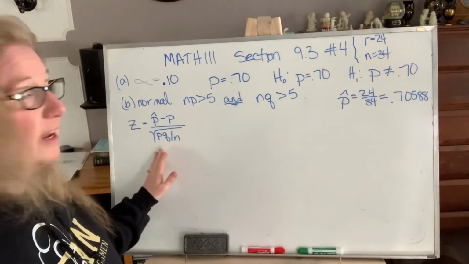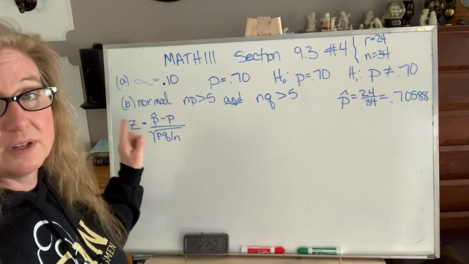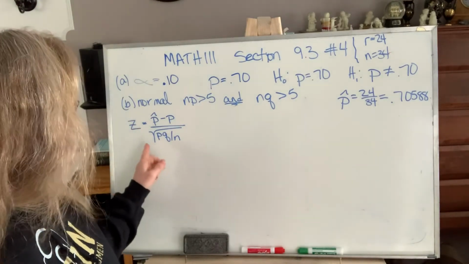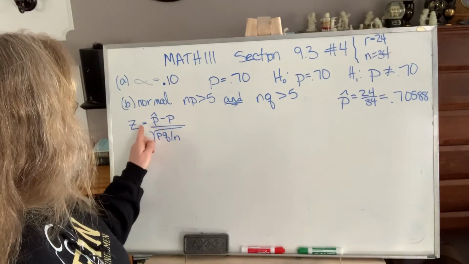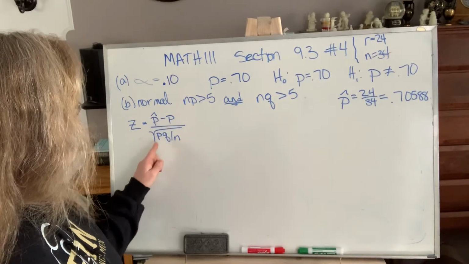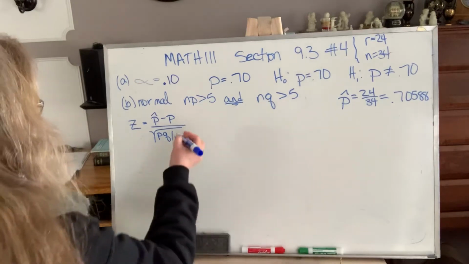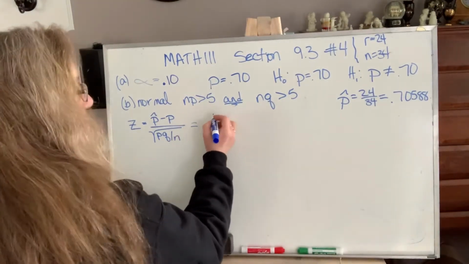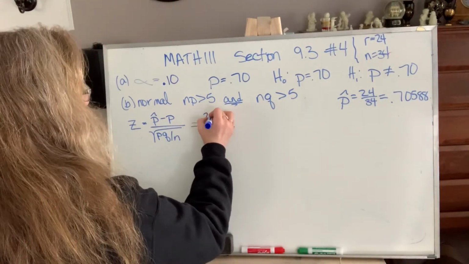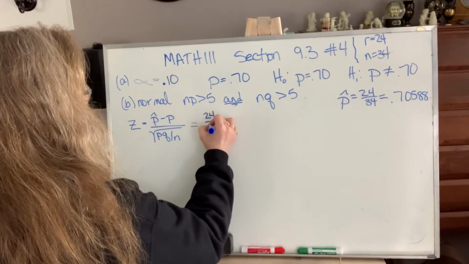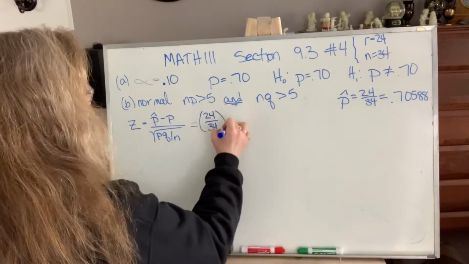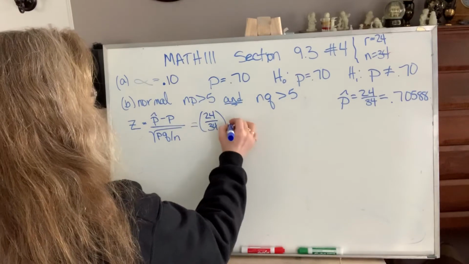So when you do your actual computation, don't round and then put it into your z formula. So my z formula says z equals p hat minus p over the square root of p times q divided by n. So here are my values. p hat, we are literally going to do 24 over 34. Don't round, just do that on your calculator.